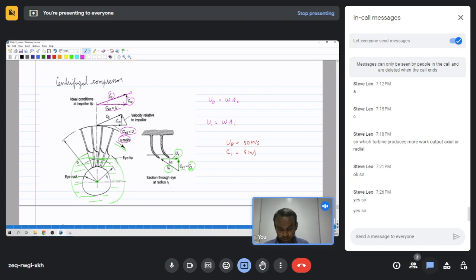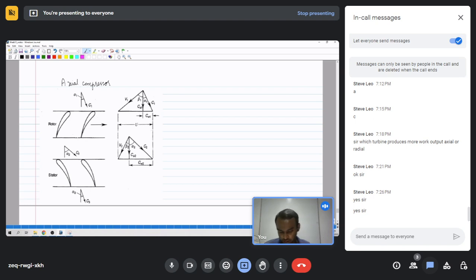I hope this velocity triangle for the centrifugal compressor is understood. And we go to the axial compressor.